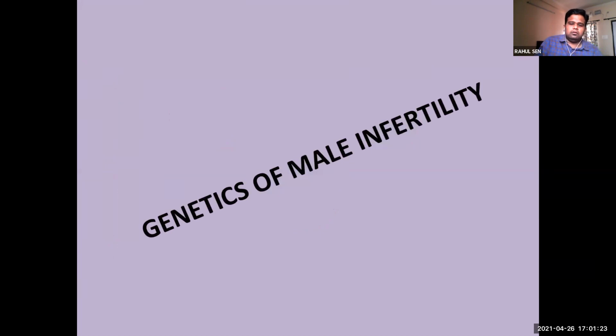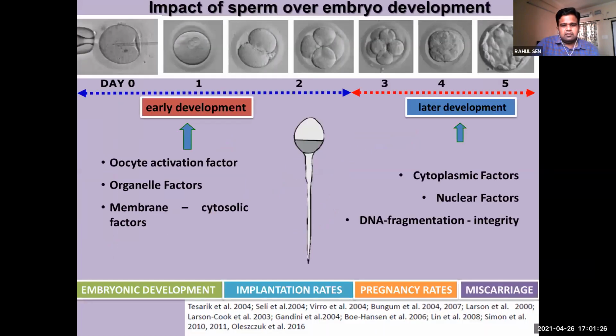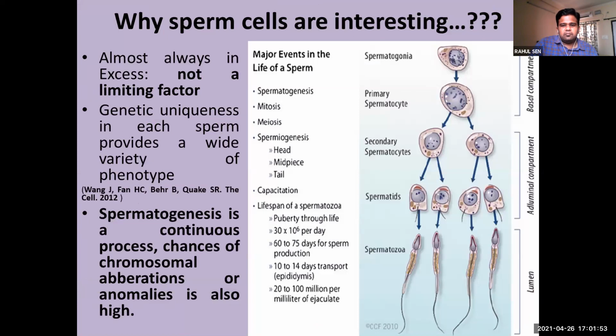So coming to male infertility, it is already evident from literature that sperm has an impact on embryo development, not only in early stages of embryo development, but in later stages, including implantation rates, pregnancy rates, and miscarriages. Yes, sperm is responsible. And what makes these sperm cells of more interest? These sperm cells are not a limiting factor.